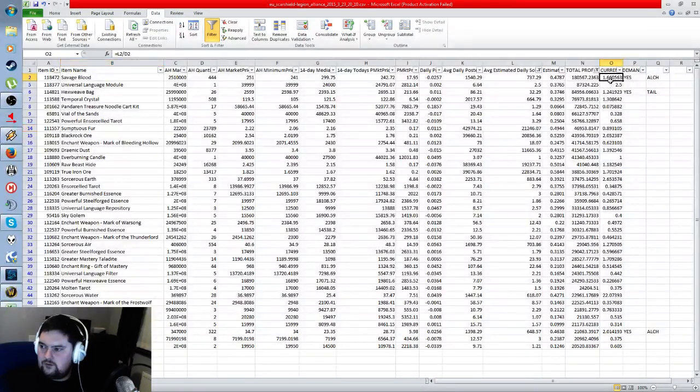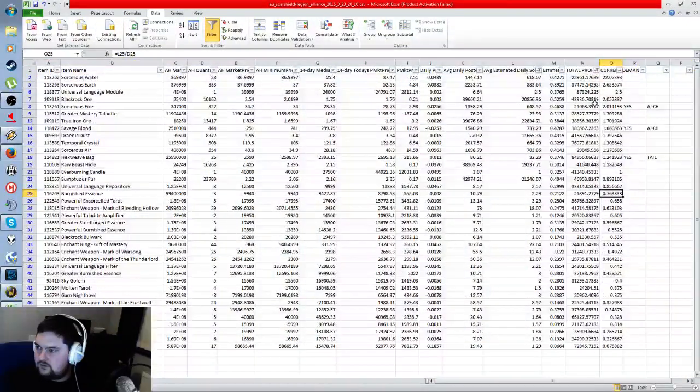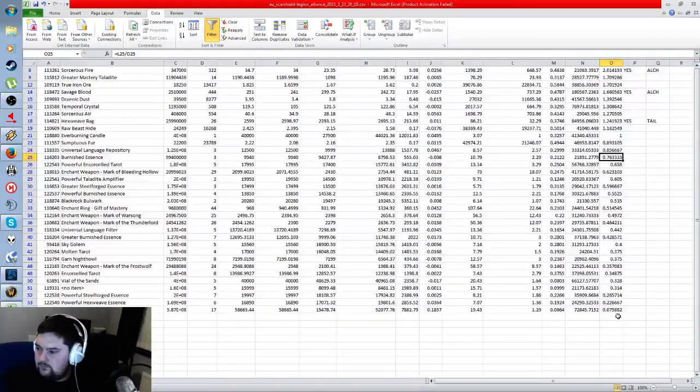The other thing worth looking at is the current demand. If you can find one that's less than 0.3, 0.2, let's just sort these smallest to largest. So something like this, Pandaren Treasure Noodle Cart, there is no point in me actually getting involved in this market.